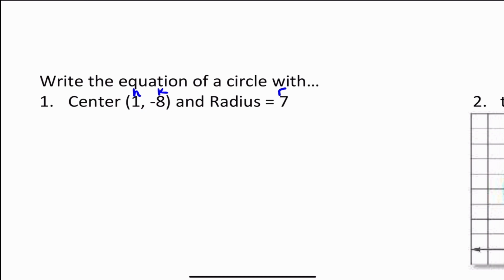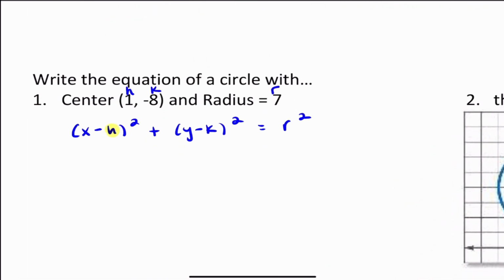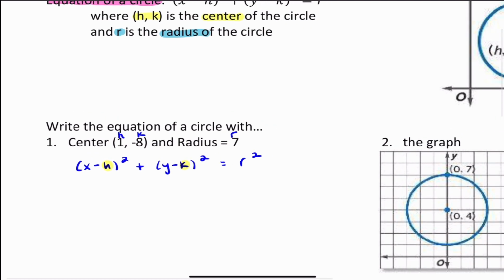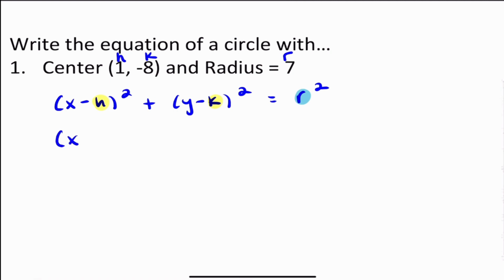So let me go ahead and rewrite that formula. x minus h, the quantity squared, plus y minus k, the quantity squared, equals r squared. All I gotta do is replace the h, k, and the radius. So I have x minus 1, the quantity squared, plus y minus negative 8, the quantity squared, equals 7 squared.